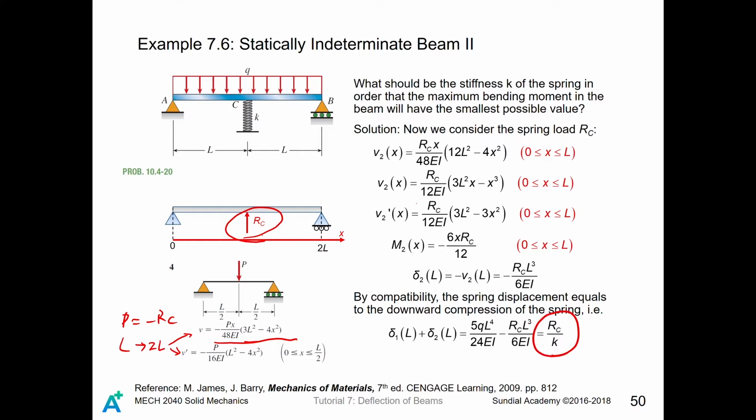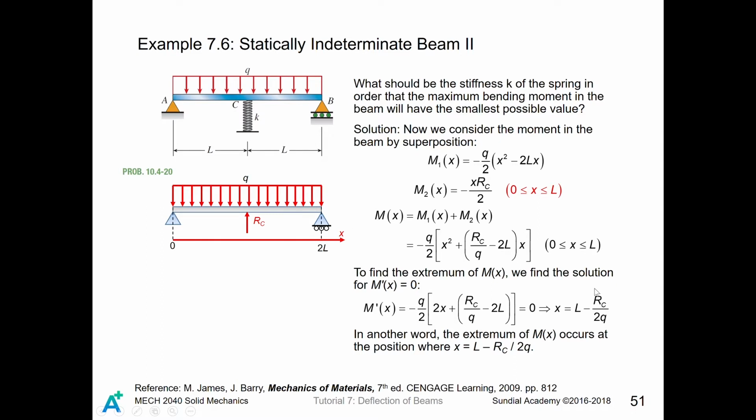So let's see how we can use the techniques of superposition to further solve this problem. The thing is that we can use the method of superposition to even get the moment inside a beam.